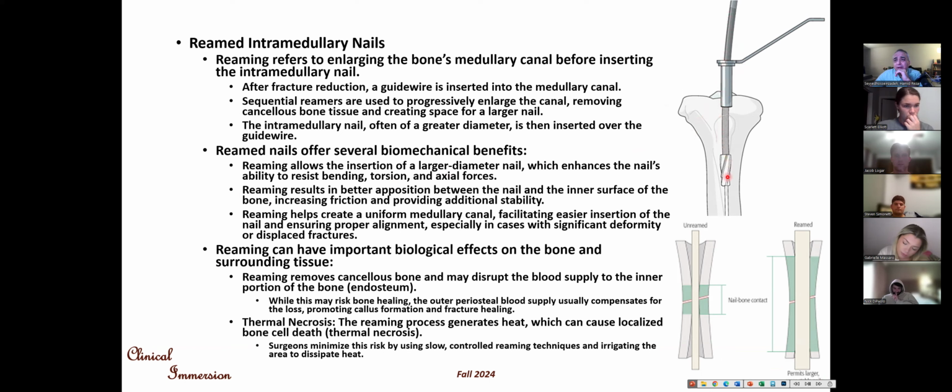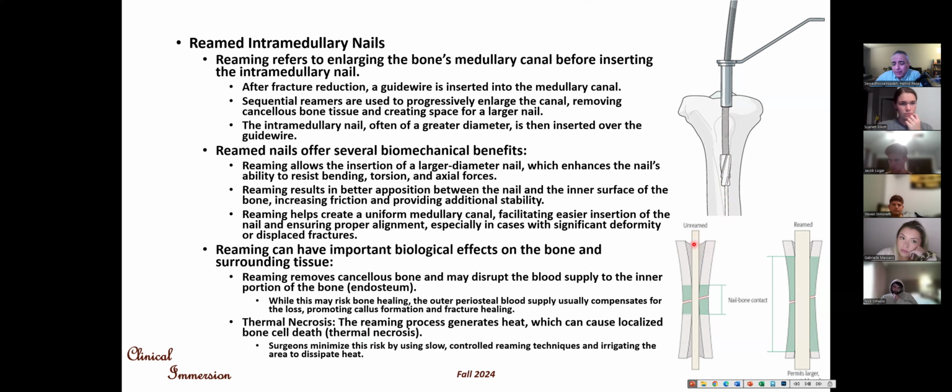This is a reamer, and this is the reamer head. One of the goals is to create a cavity inside the medullary canal with a larger diameter.